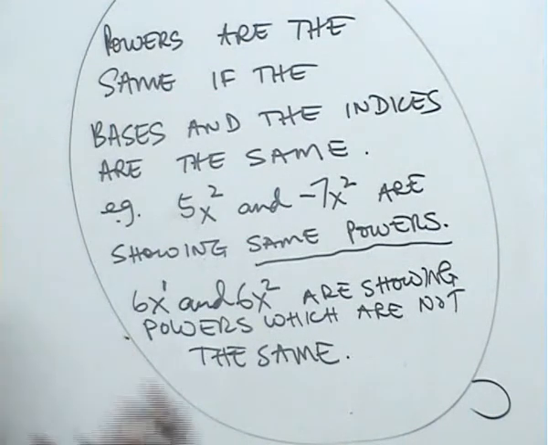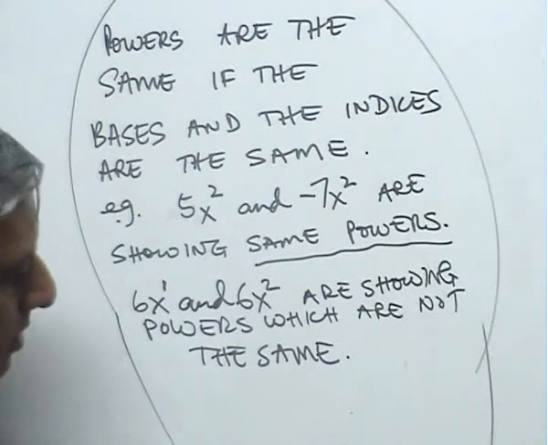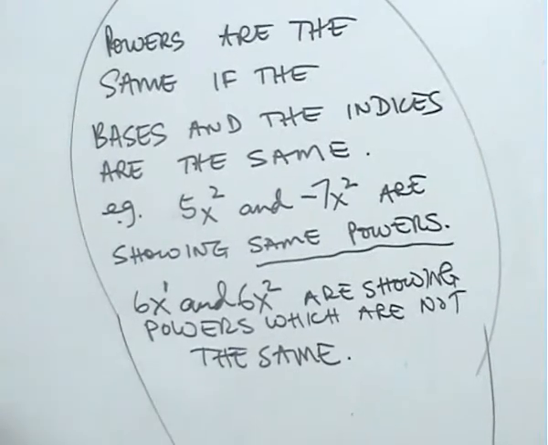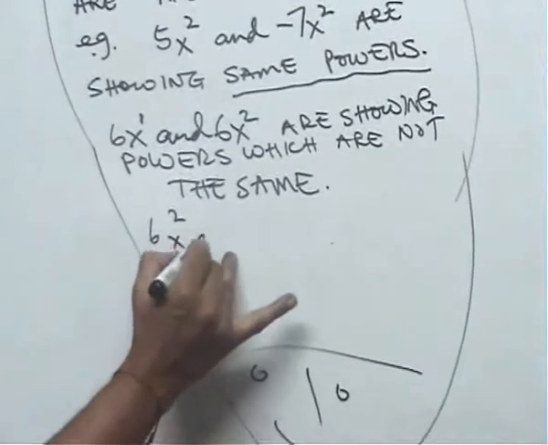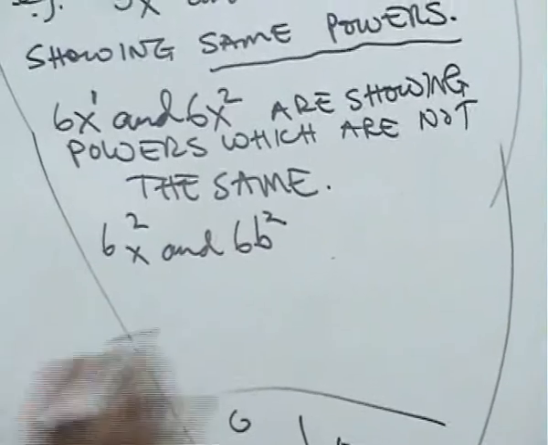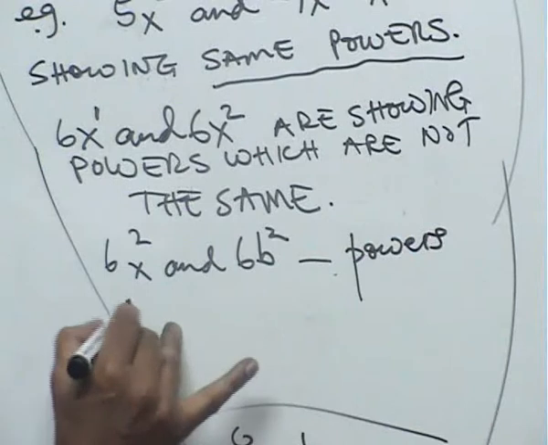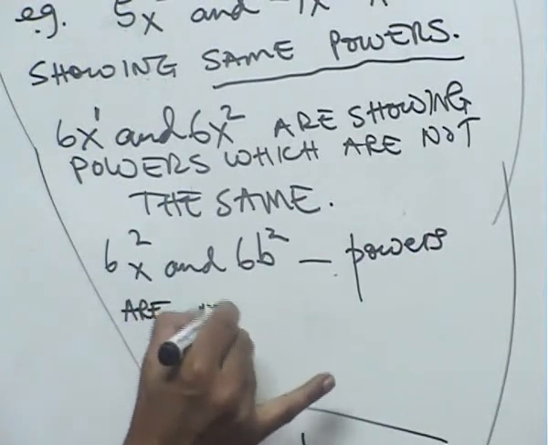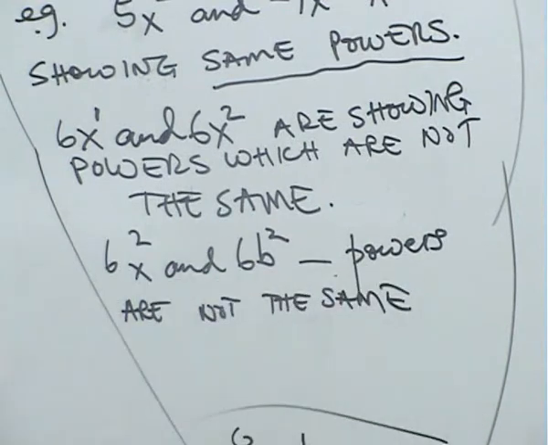So, if you wish to complete the story properly, then we do one more. And if you take 6x squared and 6b squared, once again the powers are not the same, because this time the indices are equal but the bases are different.